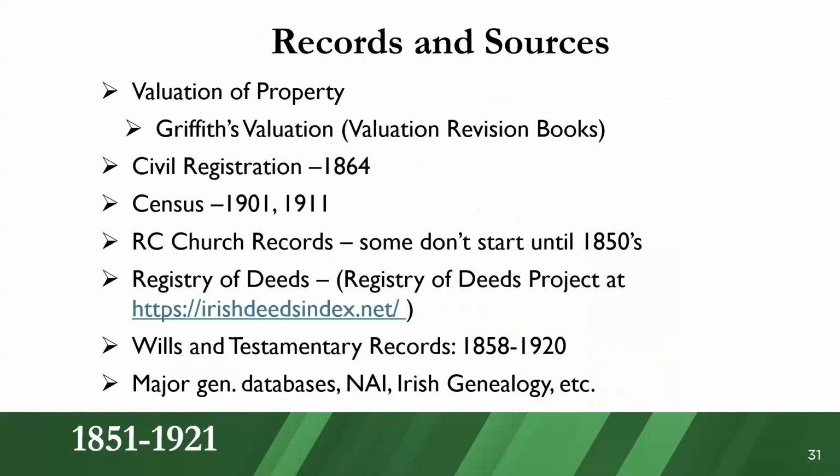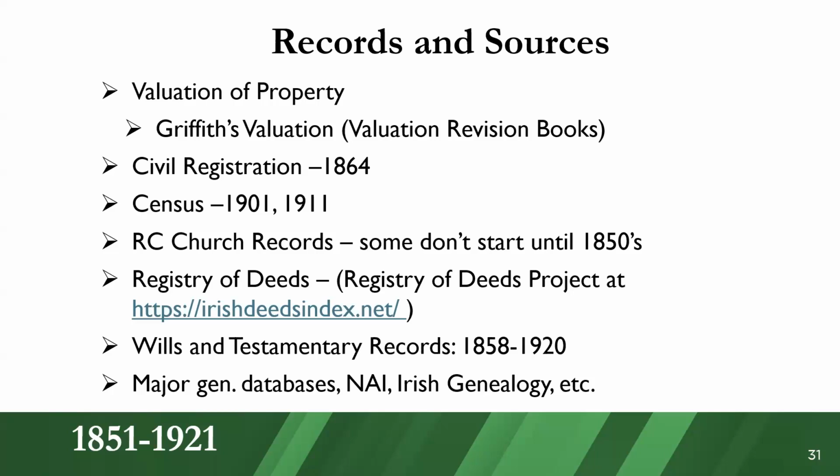Again, if you're looking for information, check Griffin's first. Because not only did they do valuation, but they also did revision books after the famine through the early part of the 20th century. Civil registration is another one of your best bets during this time period, as well as the 1901 and 1911 census.